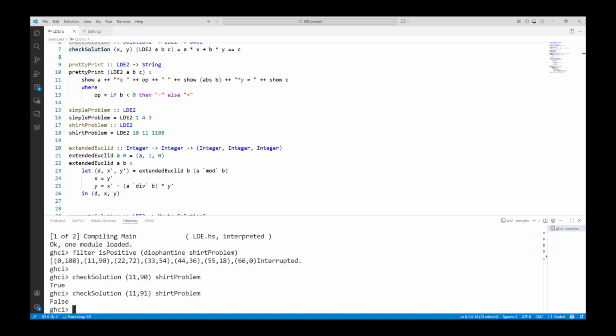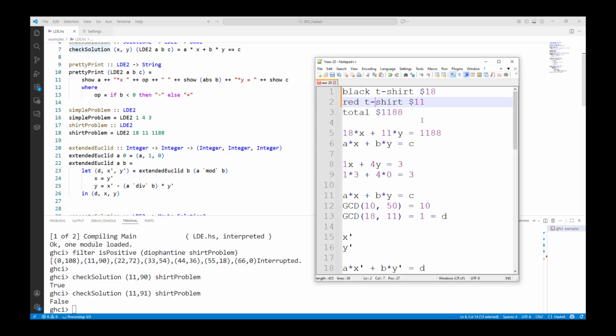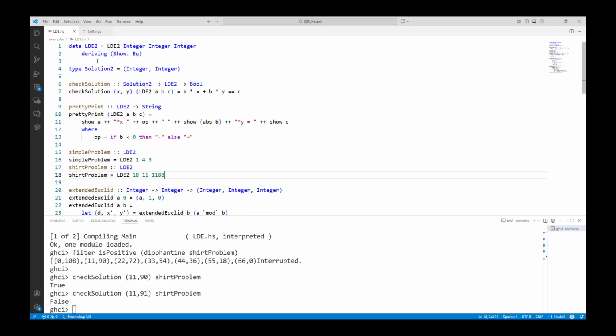So we started with the math problem, just remembering what the math problem was. The black t-shirts were $18, the red t-shirts were $11. The question was, how many can we combine with 1188? We modeled this problem with types, with data, with type solution.